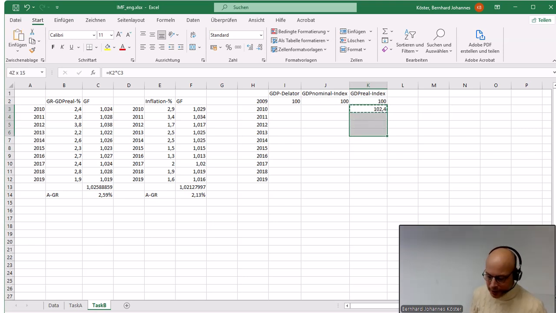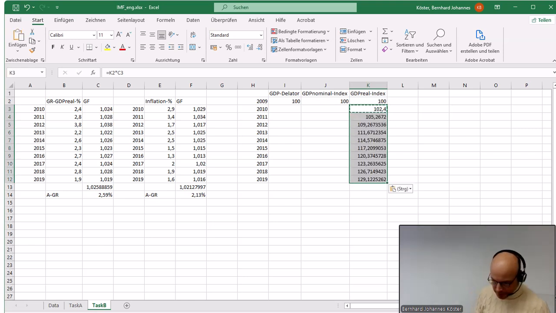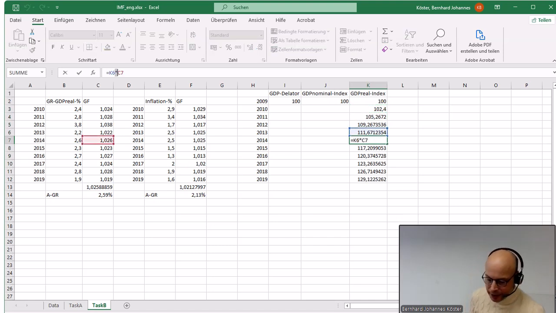And this then I can just copy downward. So clicking in it here, you see it is starting from the former year, 111 times the growth factor in 2014, 1.026.